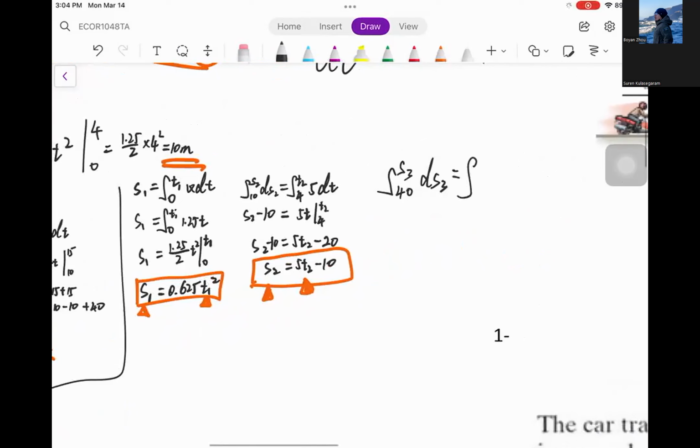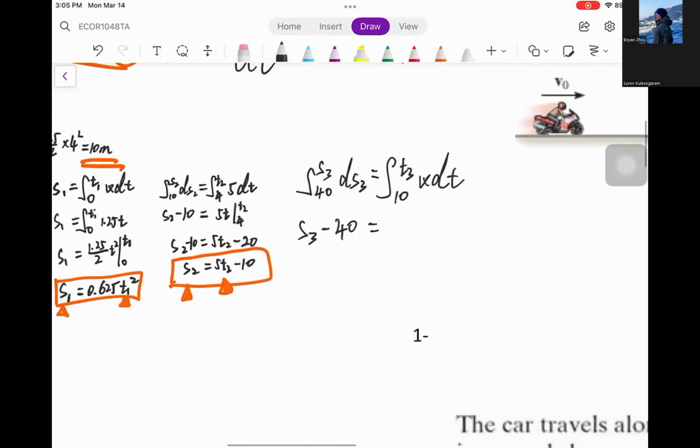On the right hand side, in this case, it's from 10 seconds to T3 seconds, of V dt. So the left hand side is S3 minus 40, and the right hand side is also going to be the same.